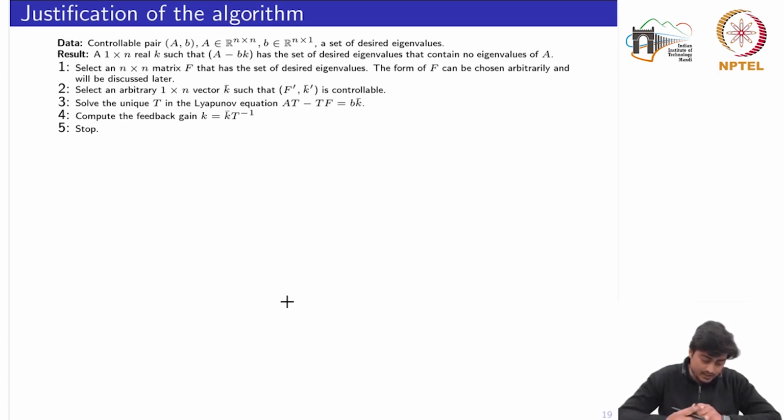Here we will see the justification of all these 4 steps, so that we can ensure that once we plug in this k state feedback vector, we would obtain the closed loop as this one, which would contain all the set of desired eigenvalues that contains no eigenvalues of A.